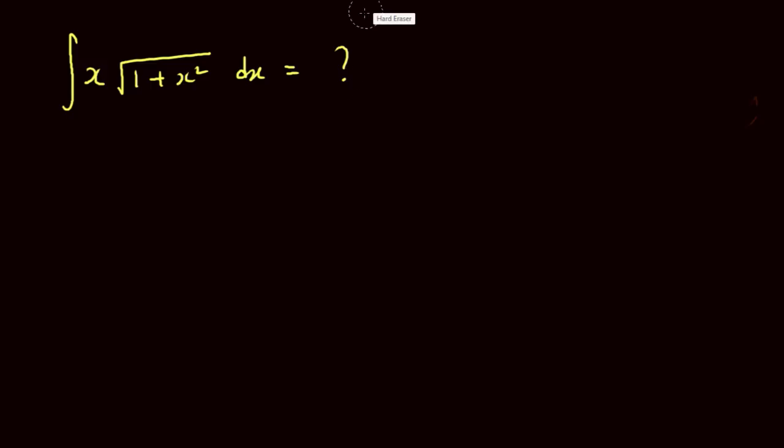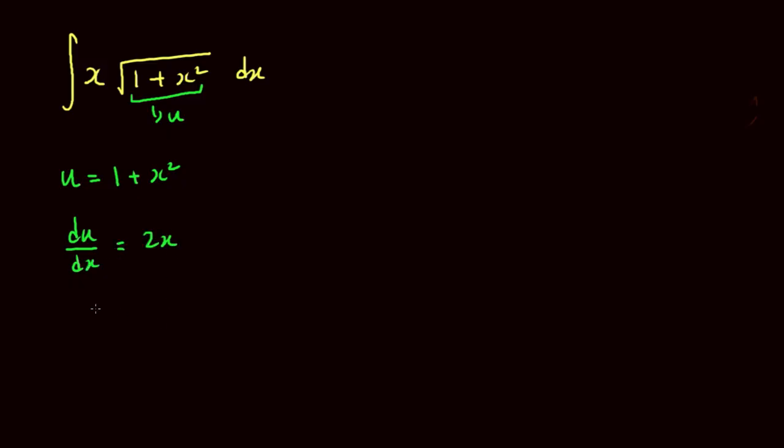Okay, so assuming you have actually paused and tried to solve this problem, let's do it together. First things first, you can take 1 plus x squared as your u. And why do I say we can take this as u? Because once you do the derivative du over dx, you end up having 2x, right?